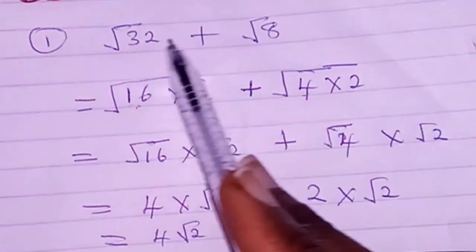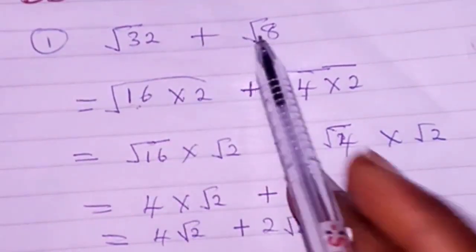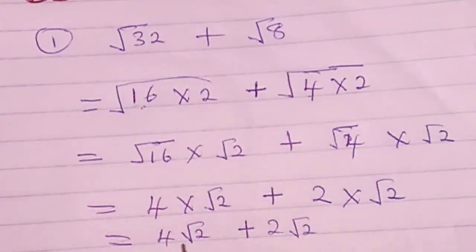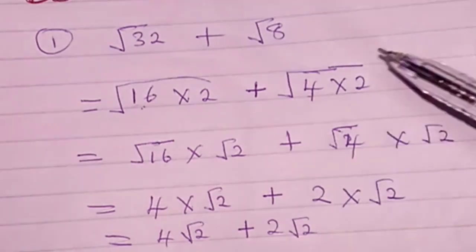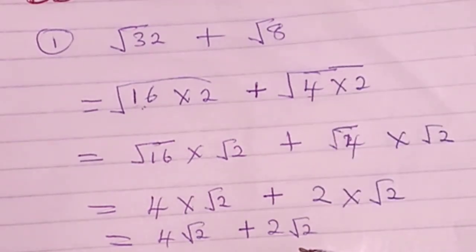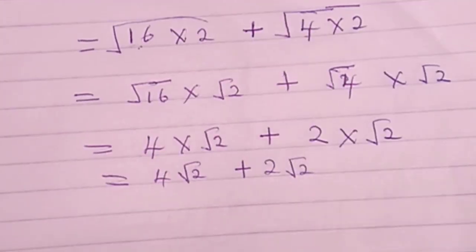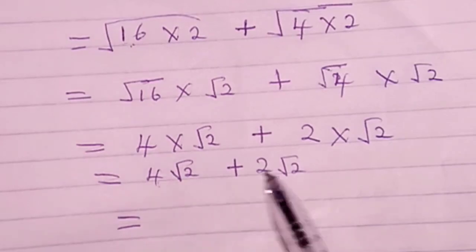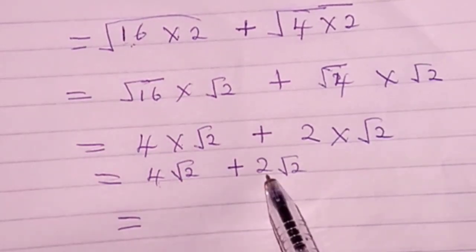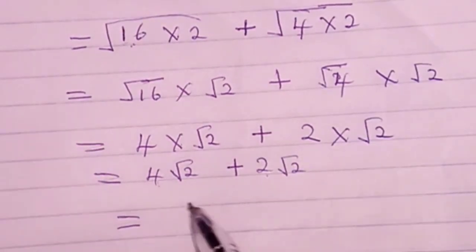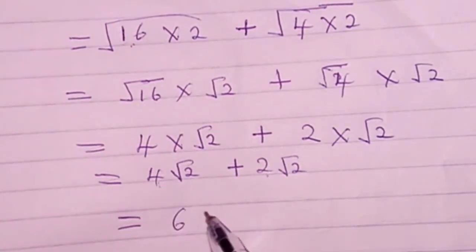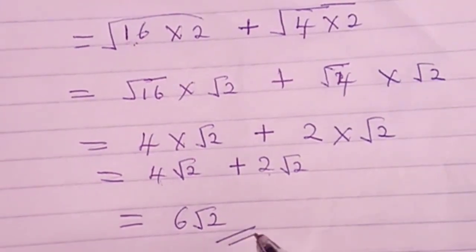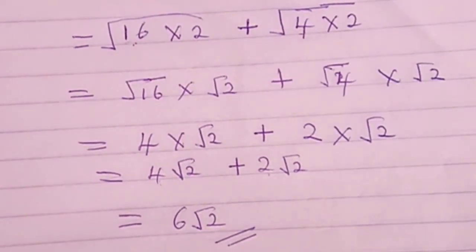Take note, for me to be able to add up surds, I must reduce them to their simplest term, just like we have done. Alright, so I can add this up. 4 plus 2 is giving us 6. So I have 6 root 2. So this is going to be our answer.